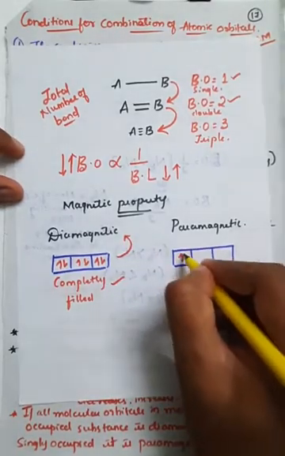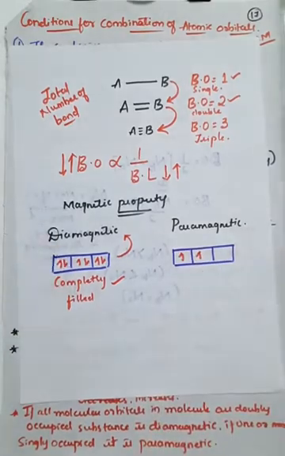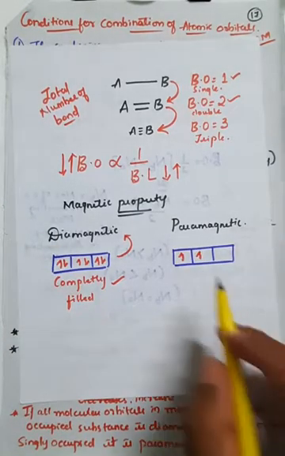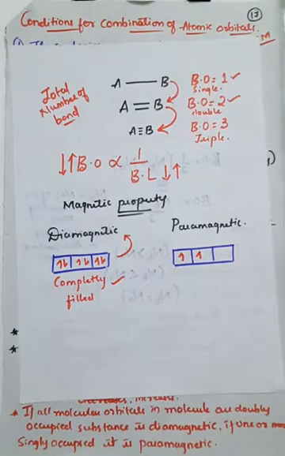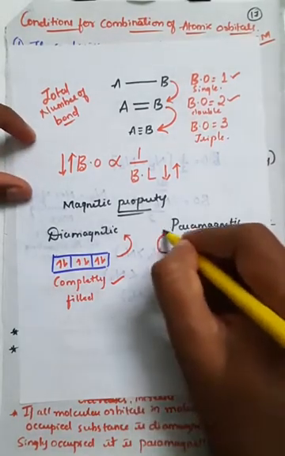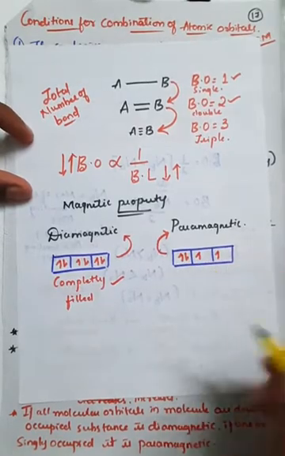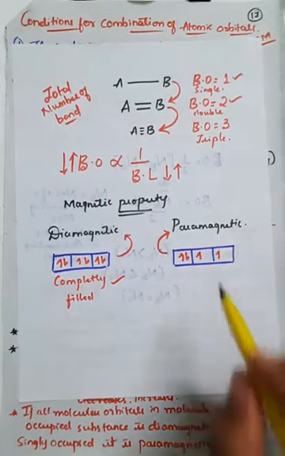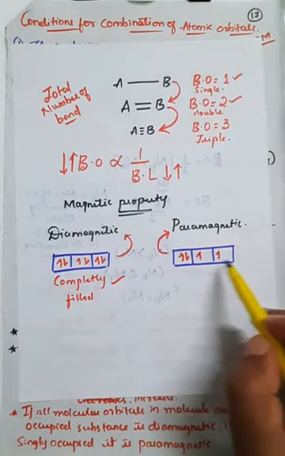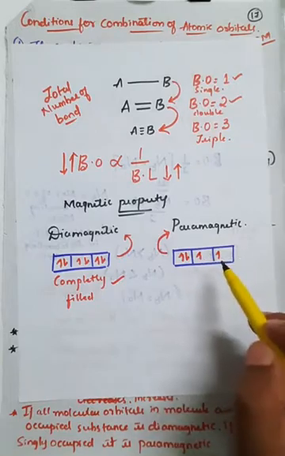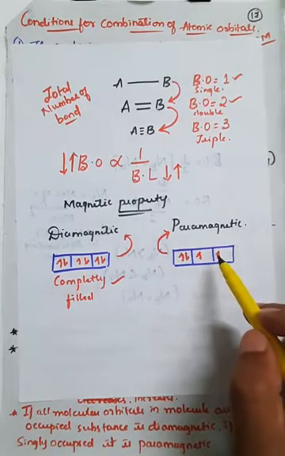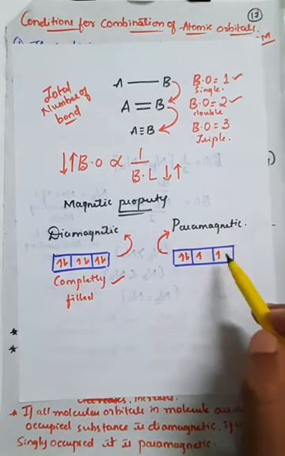If it consists of unpaired electrons, then it is called paramagnetic. Even if it is like this, then it is also paramagnetic because it is unpaired. These two still haven't paired, so there is a lesser count of electrons, 2 electrons less in this case.